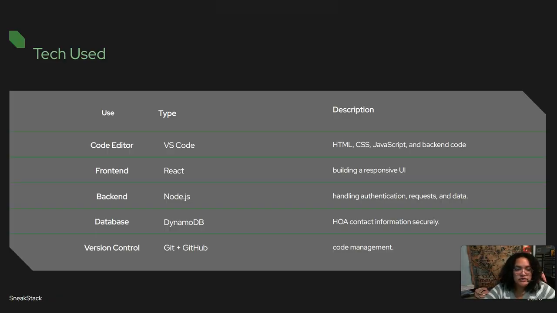Some of the tech that I'm going to be using is Visual Studio Code, for the HTML, CSS, JavaScript, all that background stuff. Front end is going to be React. Back end is going to be Node.js. The database, which was specifically asked for by the client, is AWS DynamoDB, so that everything will be stored there.